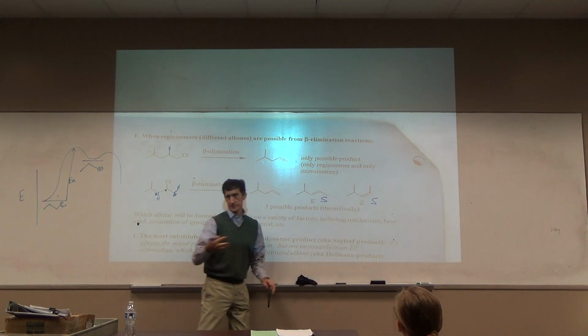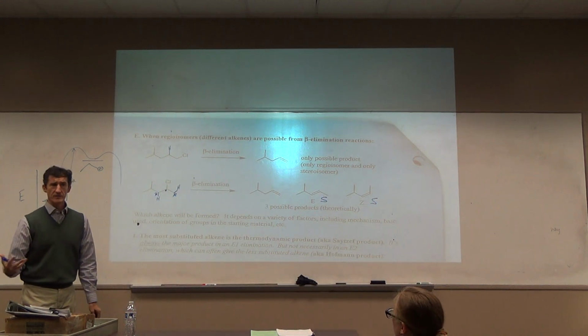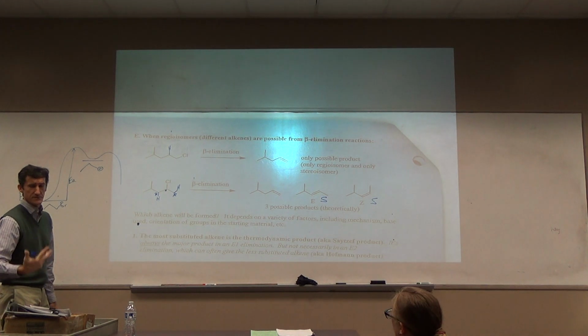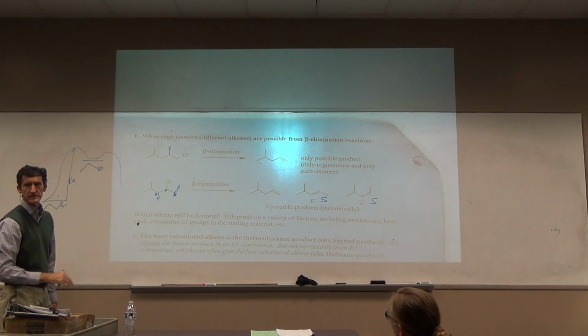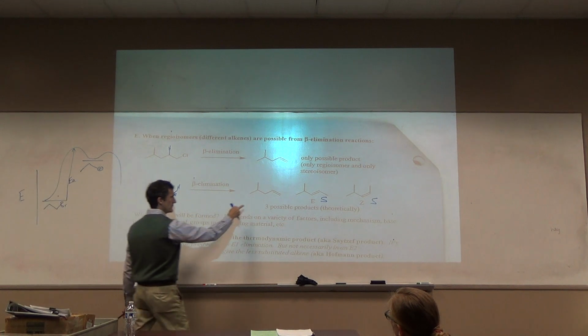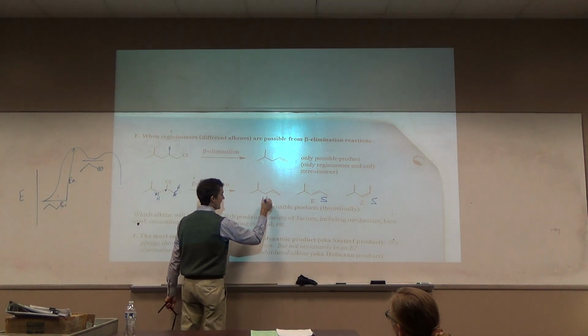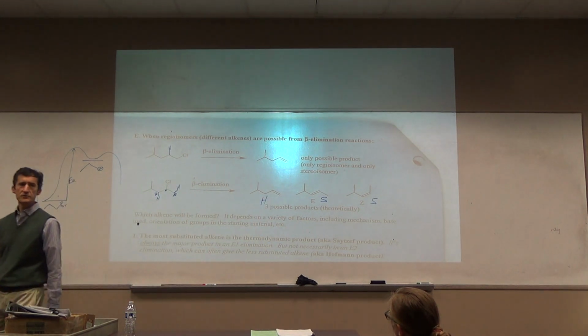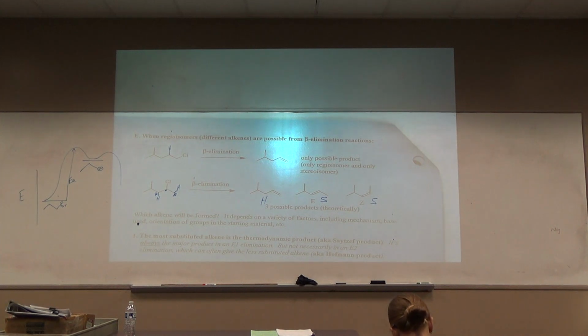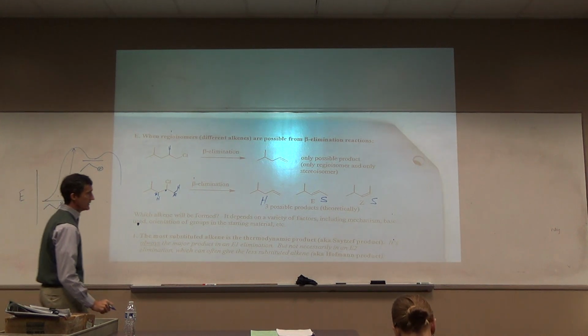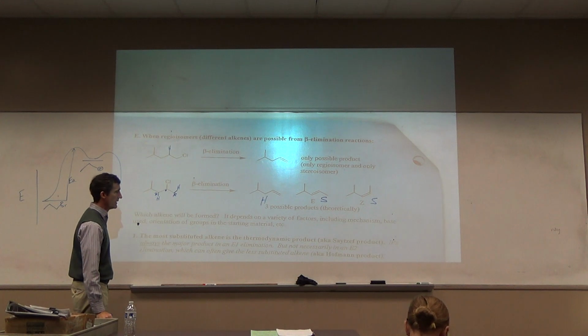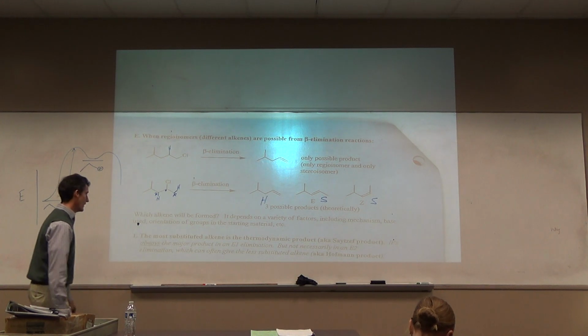They're Regio Isomers. I mean, not Regio Isomers. They're stereoisomers. They're the same substitution. Both of those are Zaitsev products. This one would be called what? Hofmann. That's your Hofmann product. The least substituted alkene. Okay?